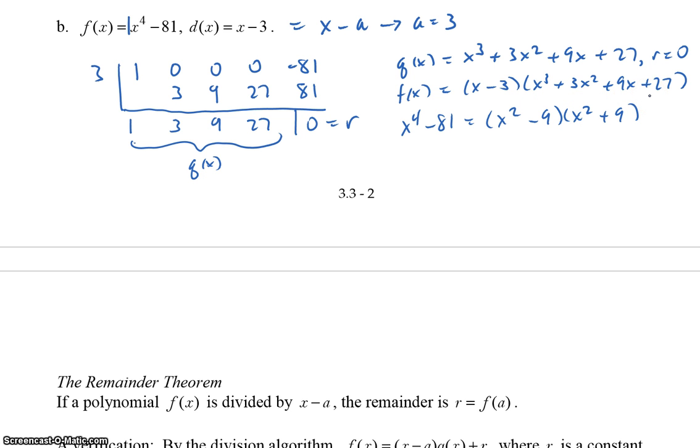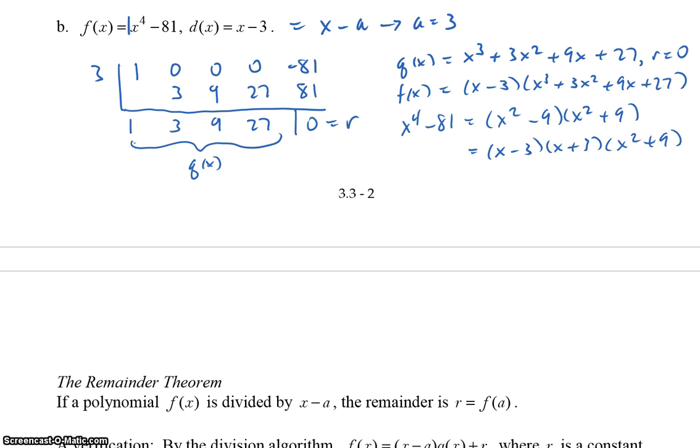And then we would notice x squared minus 9 itself is a difference of squares. It's x minus 3 times x plus 3, then times x squared plus 9. Now the x squared plus 9 is a sum of squares which does not factor over the real numbers.